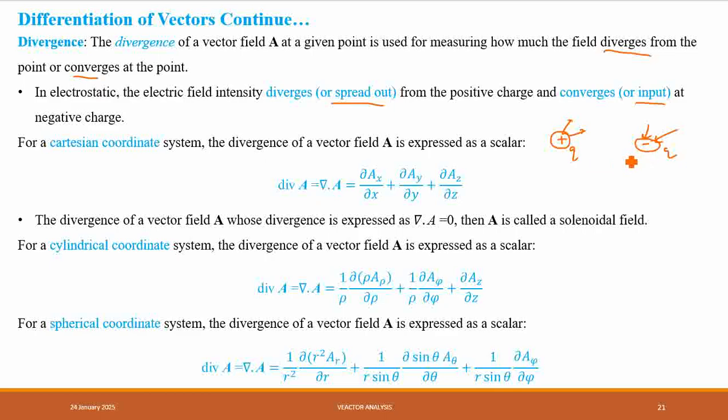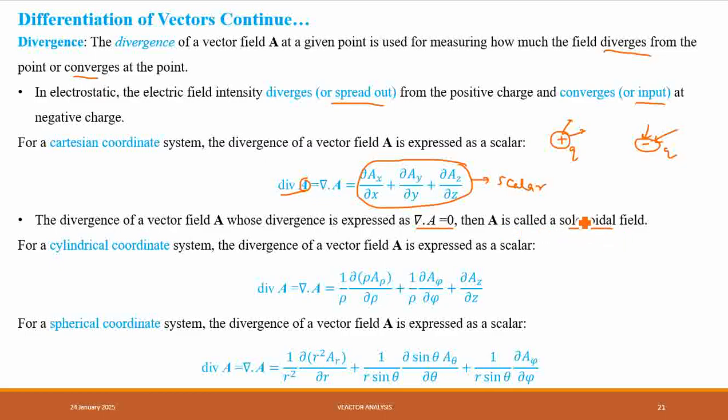In the coordinate system, we can write the divergence of A. Since A is a vector, the divergence of A will give a scalar quantity; the output is scalar. The divergence of a vector A is expressed as this one, and if it is 0, then A is called a solenoidal field.